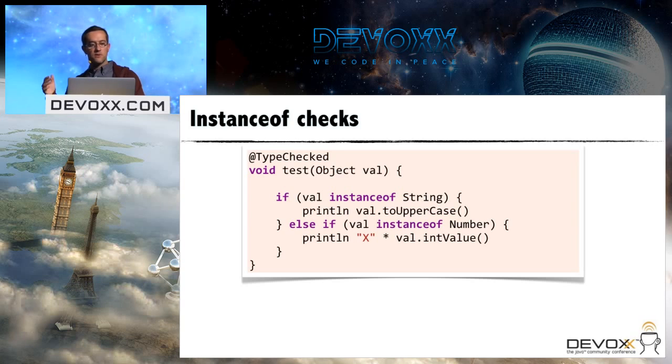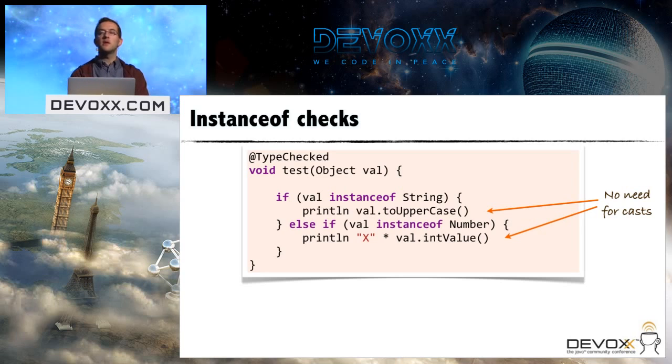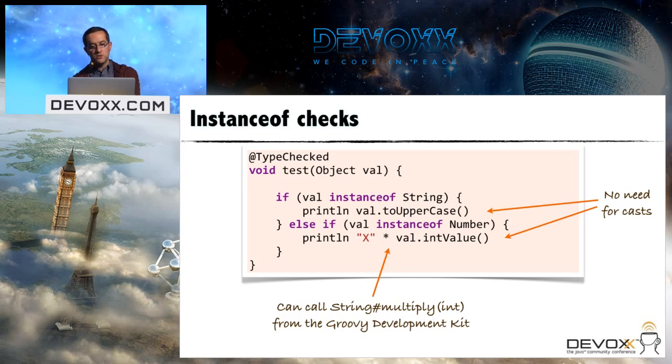And thanks again to some logic and some type inference, inside the if val instanceof String block, it knows that val is actually a string, so I'm allowed to call the toUpperCase method from String. And also later on in the second block, val is a Number, so I can call intValue on the number, and it also understands, so no need for a cast. So again, some boilerplate code which is removed compared to Java.